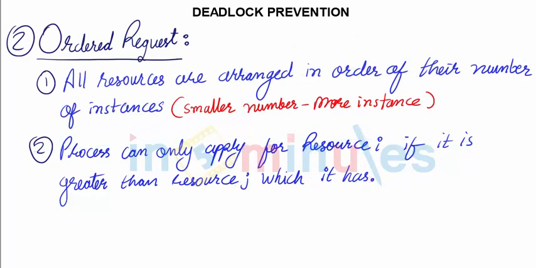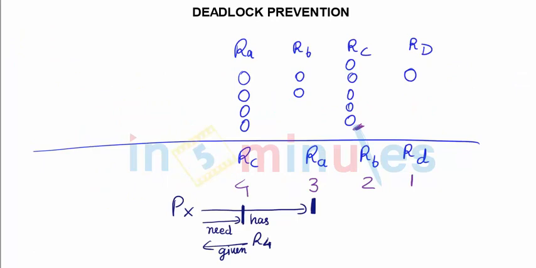So if we see this, Px has a resource A which is numbered 3. It can ask for a higher-numbered resource which is 4. This is possible. What it cannot do is ask beyond 3, that is 2 and 1.